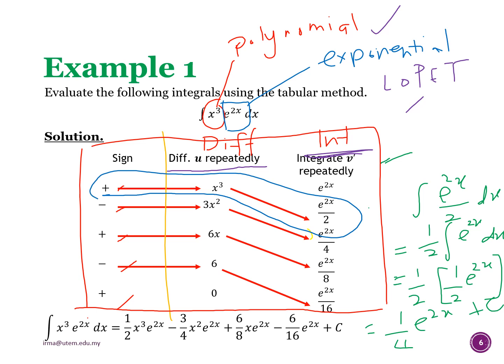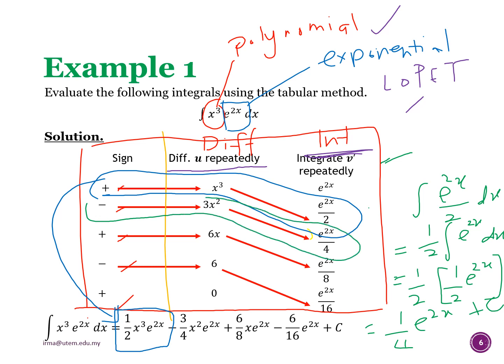So if you multiply that, you will get 1 over 2 x cubed e to the x. And then next, we have this one, so you will have negative 3 over 4 x squared e to the x.